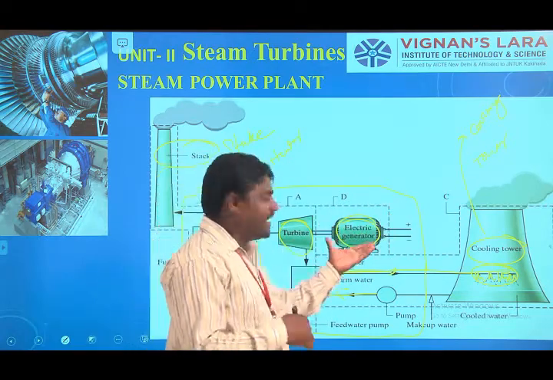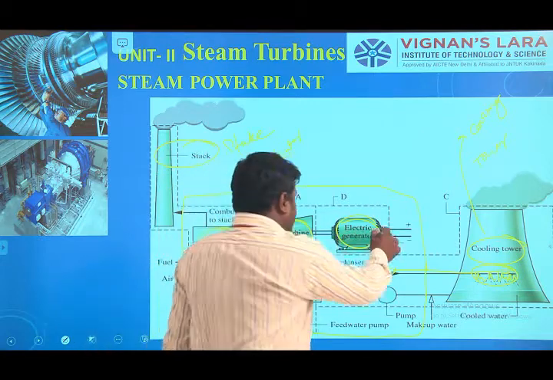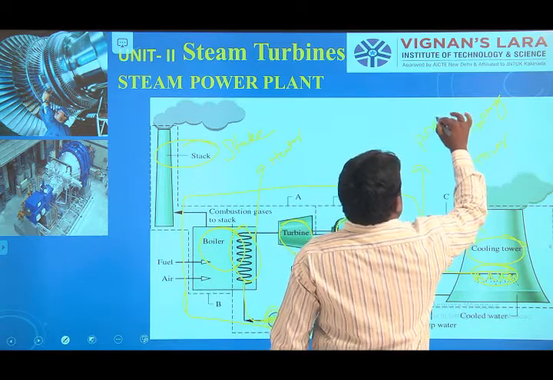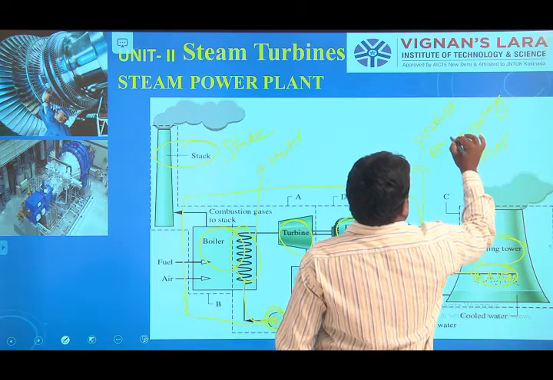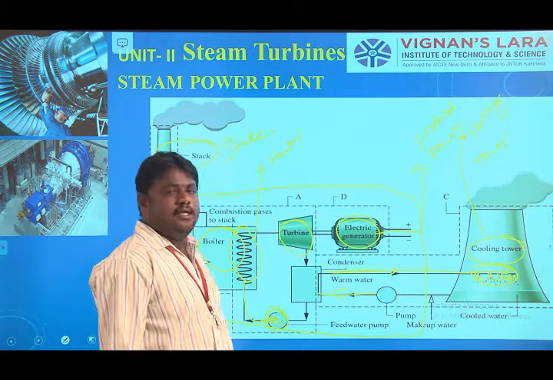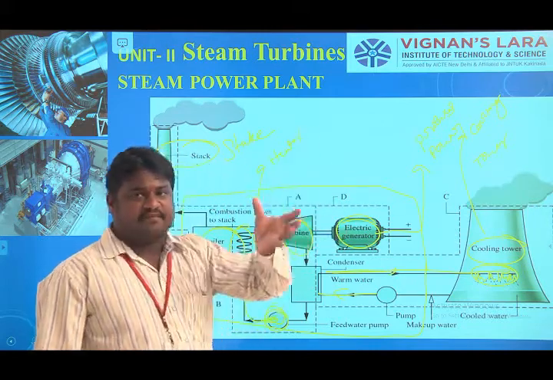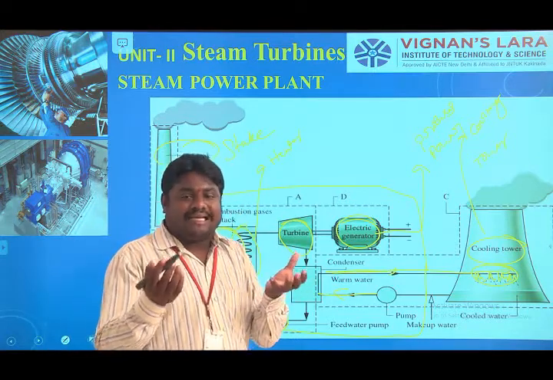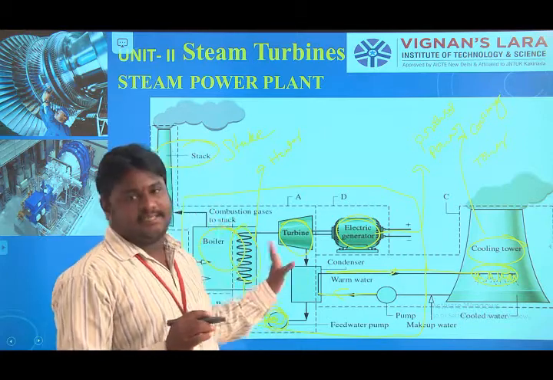With the help of the generator and the magnetic field, it produces power. Then the produced power is transferred to the transformer, and from there it is sent to whoever requires the power, to each and every aspect.